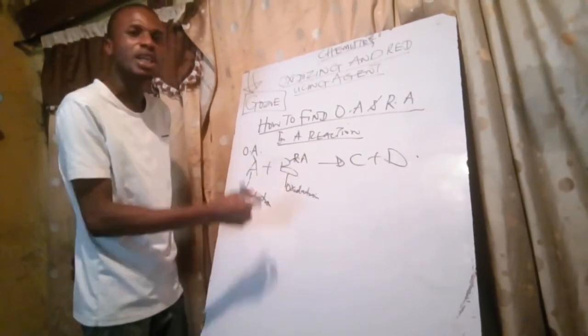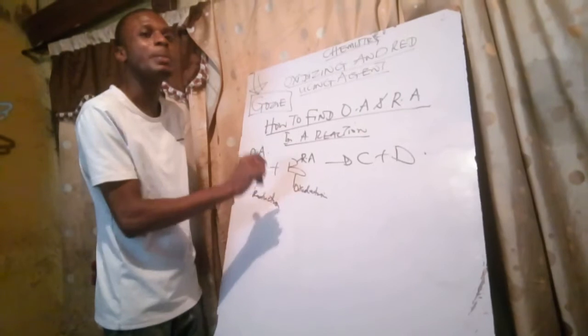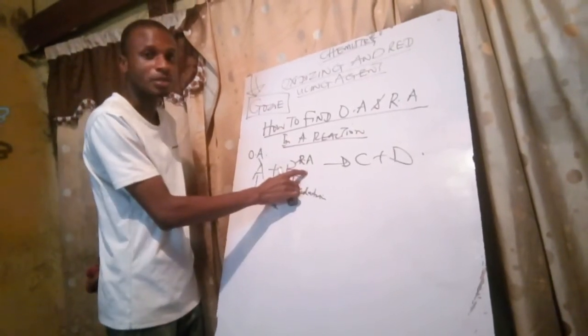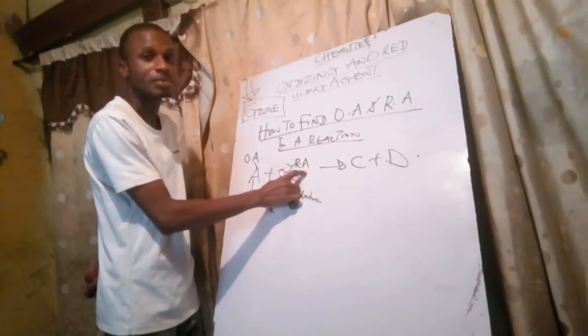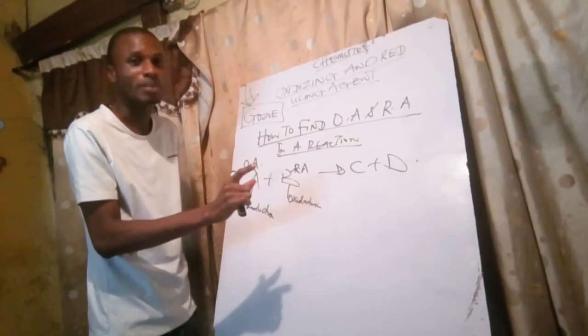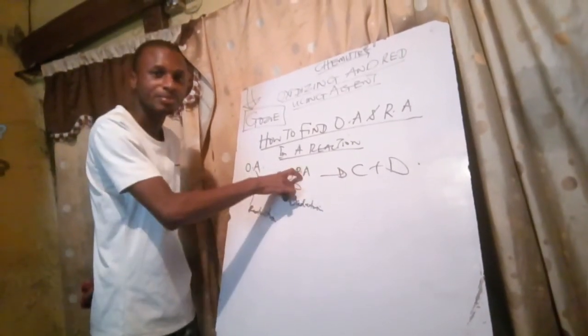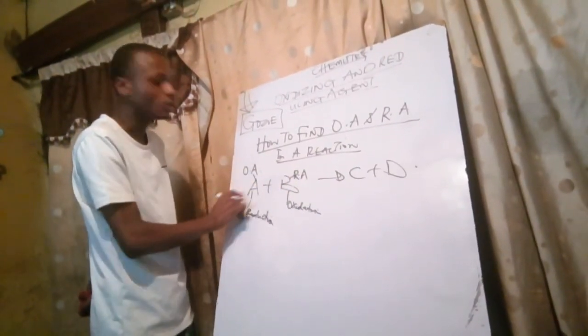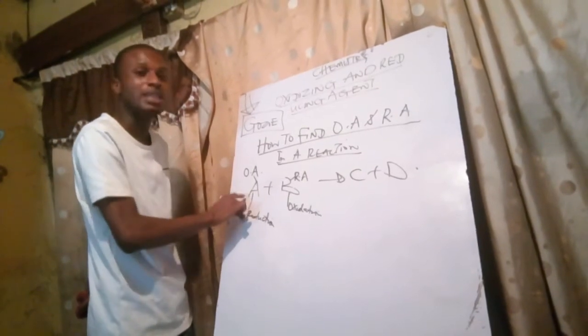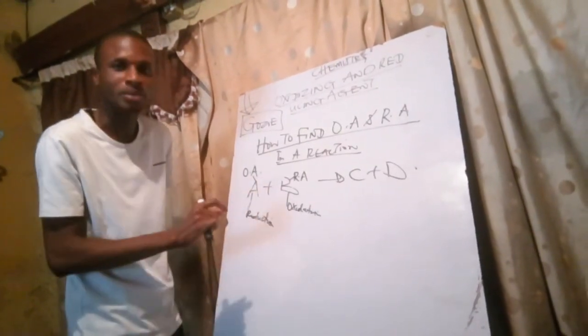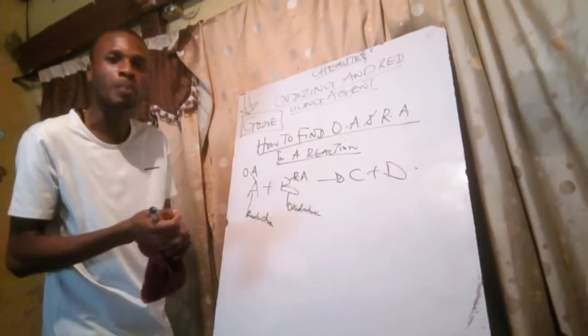Of course, a compound contains more than one element. Then come to B and check which of the elements in B will be the man of the compound. If it's an element, you don't need to find the man of the compound. That element is the man of itself. But if there is more than one element in the compound, you find out which of the elements is the man of the compound.